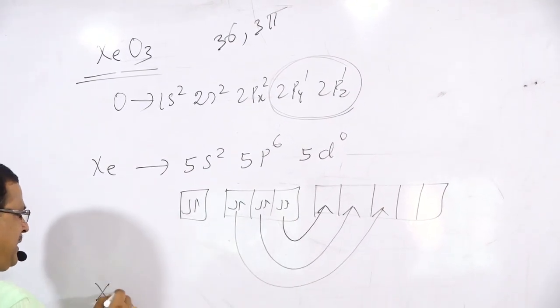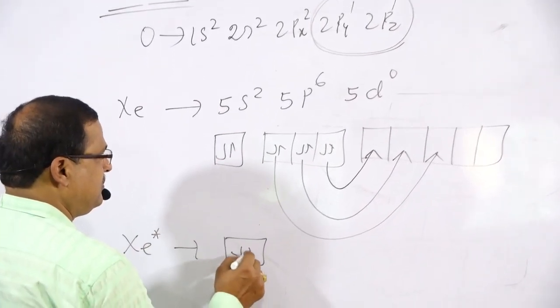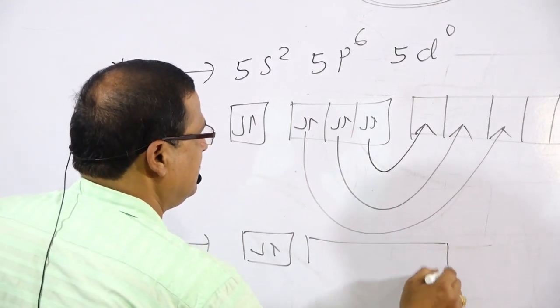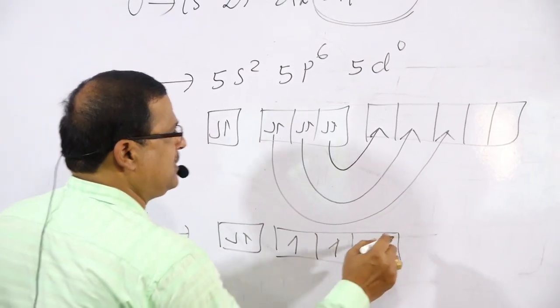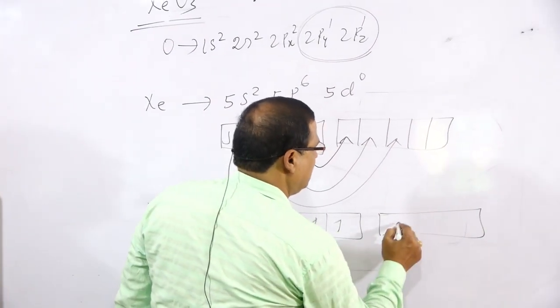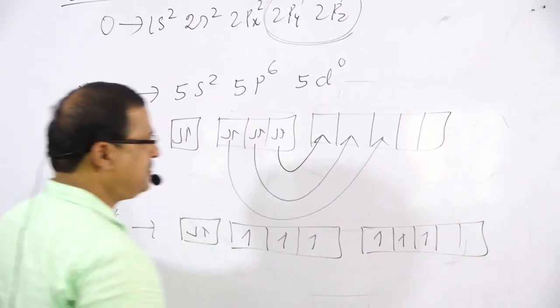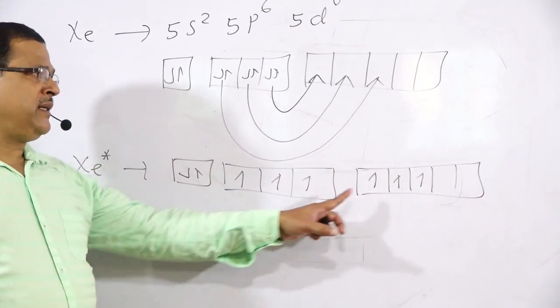So the xenon atom is excited, that contains 3 unpaired electrons, 3 unpaired electrons also, then you might say that is sp3d3 hybridization.